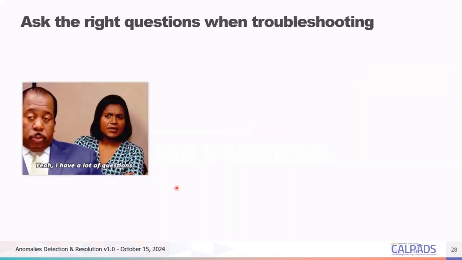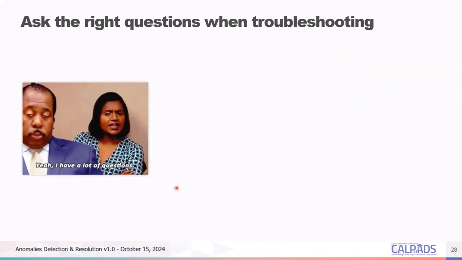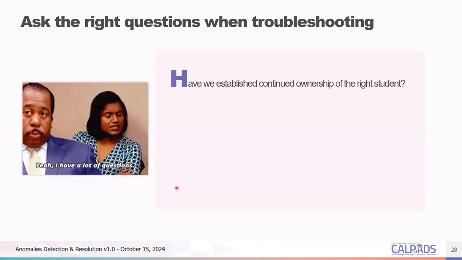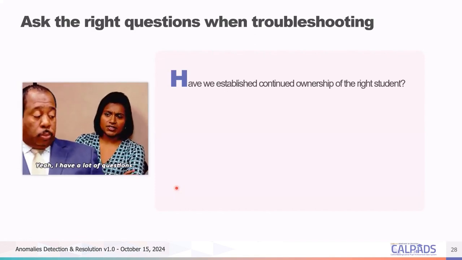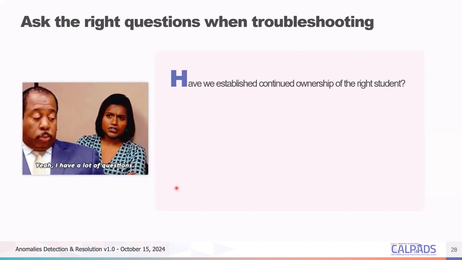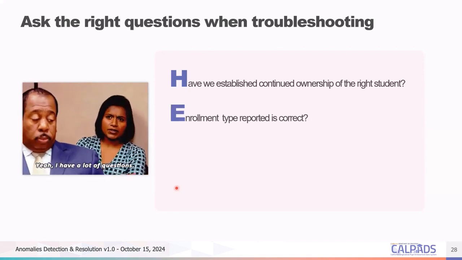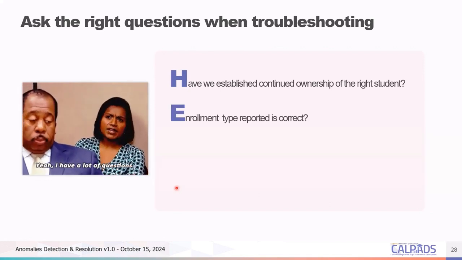Okay, so when resolving CCEs, we just need to ask the right questions when troubleshooting, right? Number one, have we established continued ownership of the right student? So meaning, do we still own the student up to this date, or should we have exited the student, right? Number two, what is the enrollment type reported?